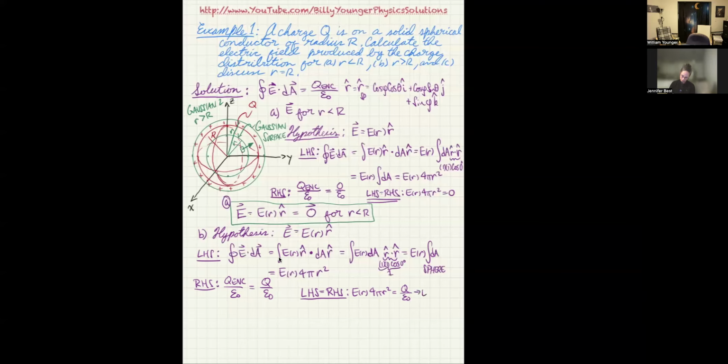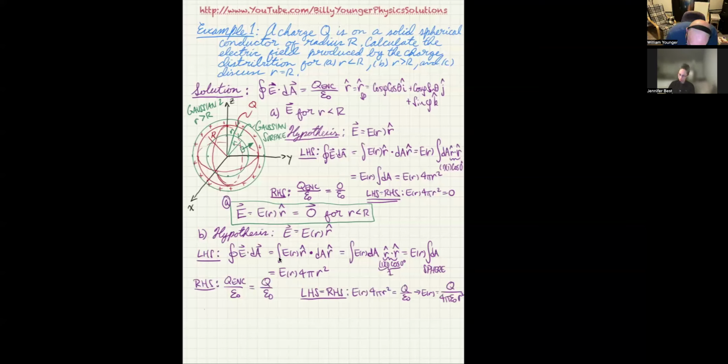And that gives me that E of r is equal to Q over 4 pi epsilon naught r squared. So notice the r squared, the 4, the pi, all of those just came over from the left-hand side. The epsilon naught was already there, but lo and behold, this is literally Coulomb's law from Gauss's law.